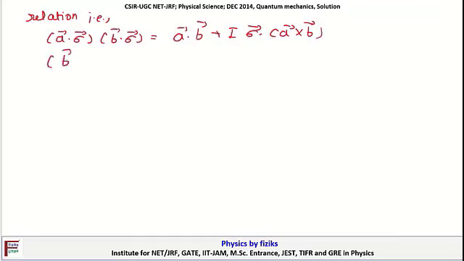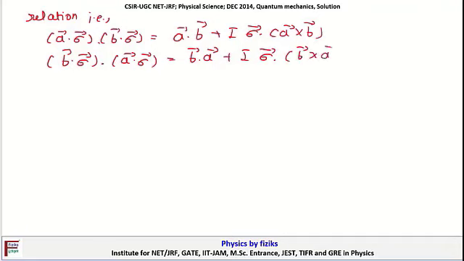Similarly, B dot sigma into A dot sigma would be B dot A plus i sigma dot (B cross A).